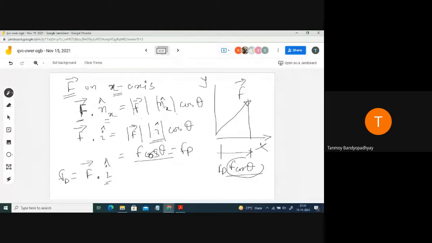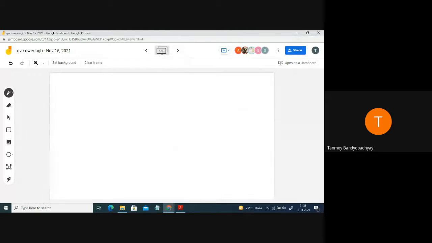So what is the force we have got? We have got something like fx i cap plus, let me write it in the next page. So in order to find out the projection of the force, I have to do the dot product of the force vector with a unit vector in the direction where I need to find out the projection. In our case, this is the f vector.